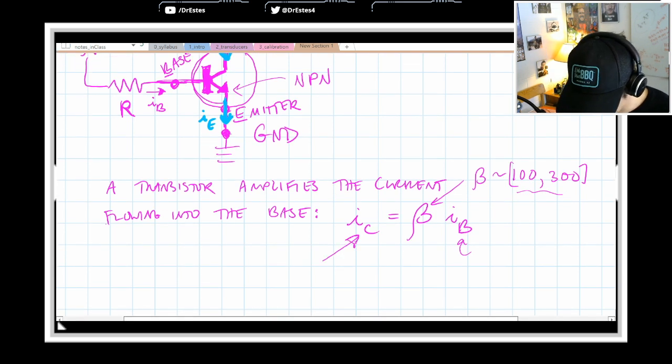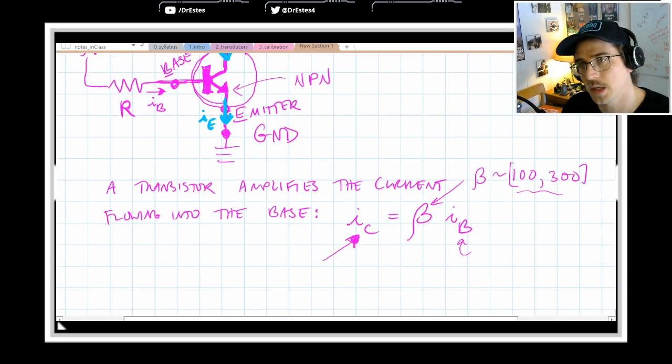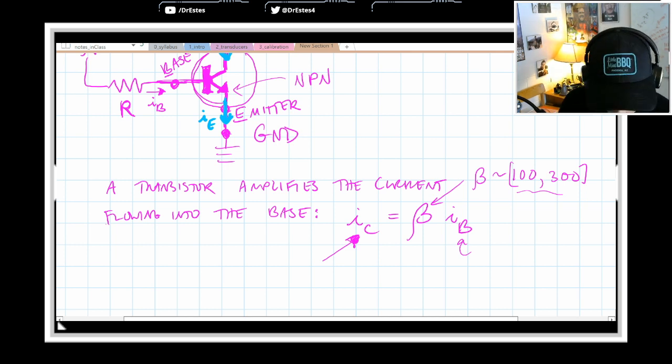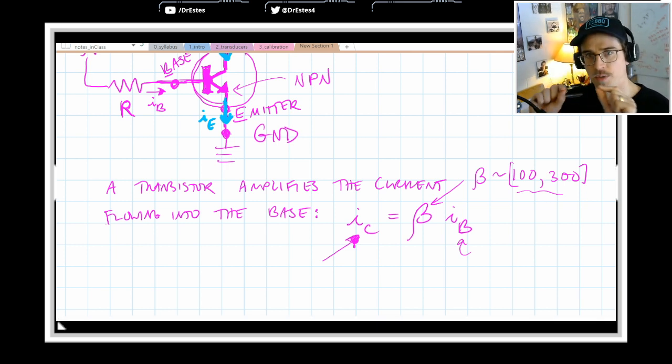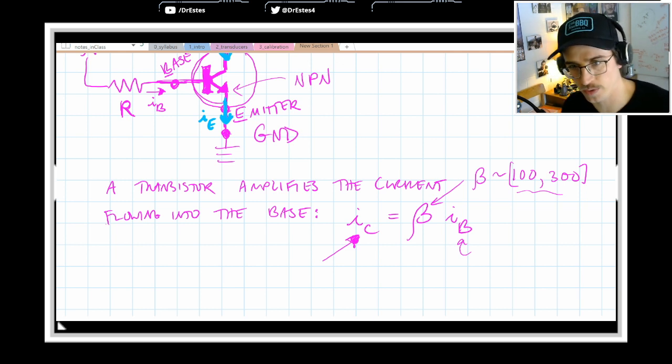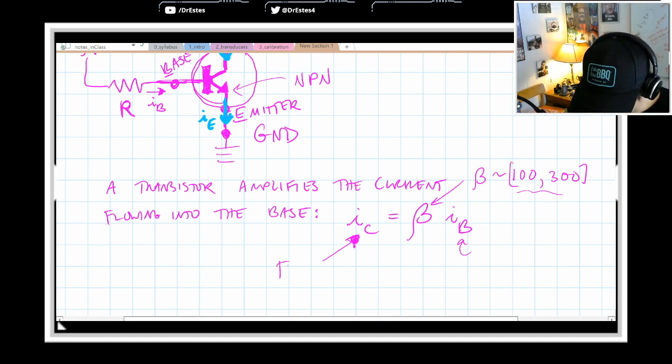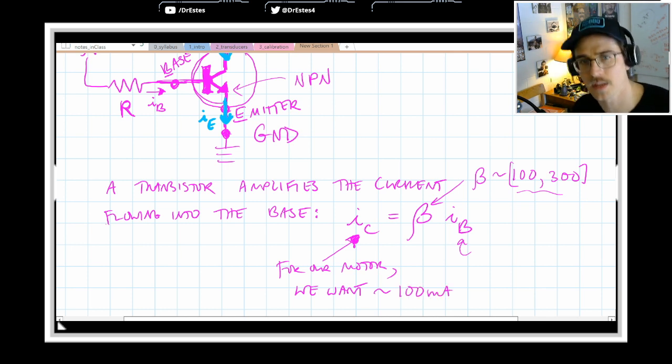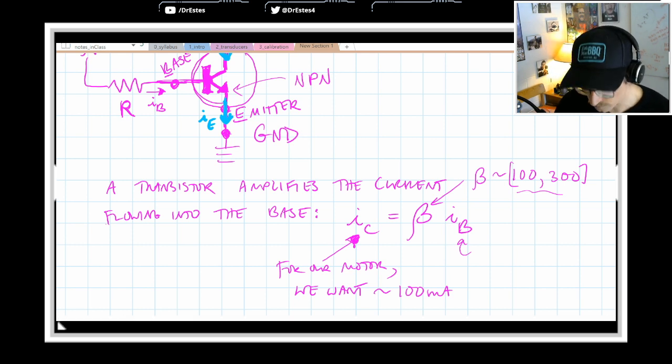If you hook up the motor to a power supply and measure how much current runs through that motor at full power, for our motor in the kit we want something like 100 milliamps. Maybe 110. So a tenth of an amp. And that'll spin the motor up to a good speed. So that's what I want my collector current to be, because that's what's running through the motor.